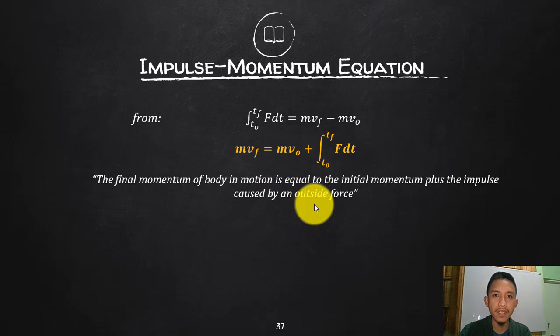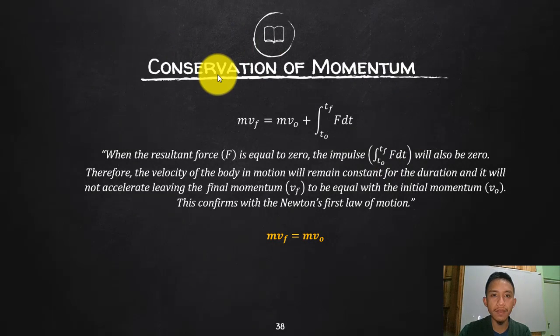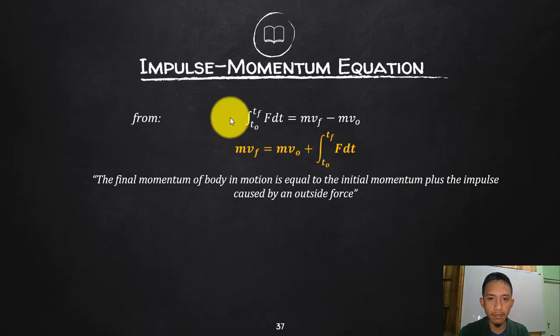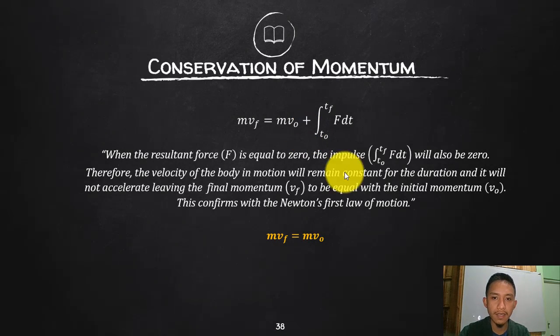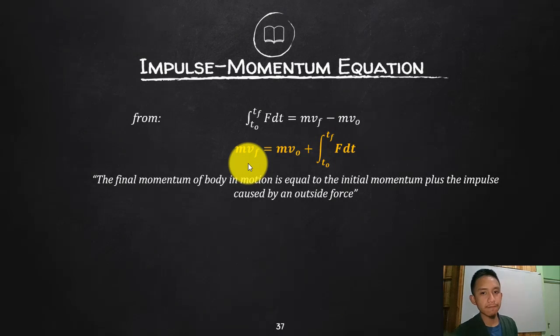So again, you have here your definition, and then we have here your conservation of momentum. So let's try to analyze what happens here in your impulse-momentum equation if your resultant force is 0. Okay, so again, let's say you have a body in motion.